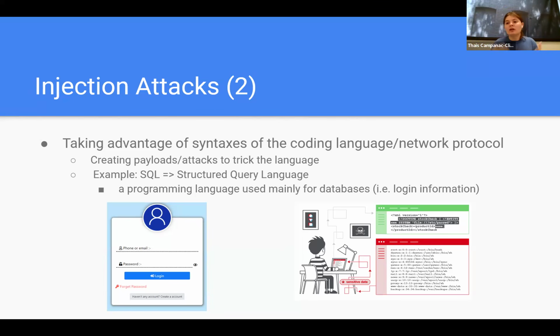So this could be not only login information, but credit card information, social security numbers, things like that. We are trying to trick the website, trick the protocol of the website, into thinking that what we're inputting is what a user should be inputting. But in actuality, we're taking information from this website and inputting our own.